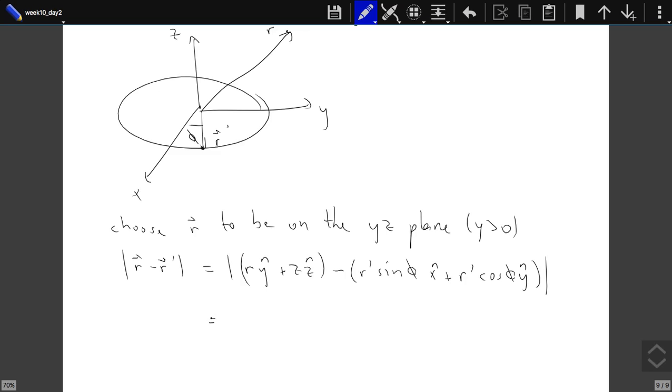So this length is r prime sine phi, r prime squared sine squared phi, plus (r minus r prime cosine phi) squared, right? Plus z squared under the square root.